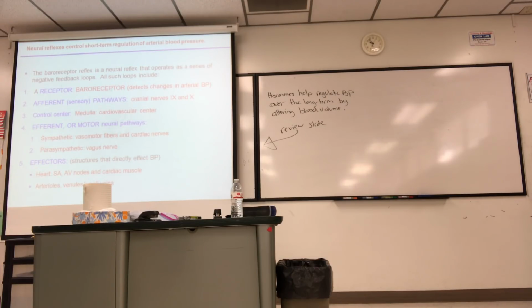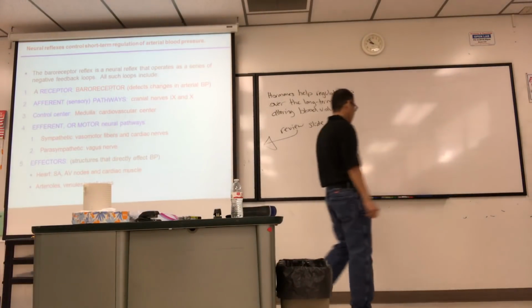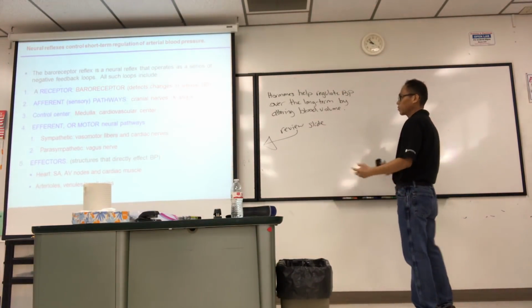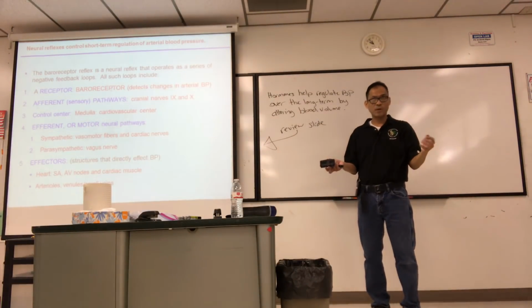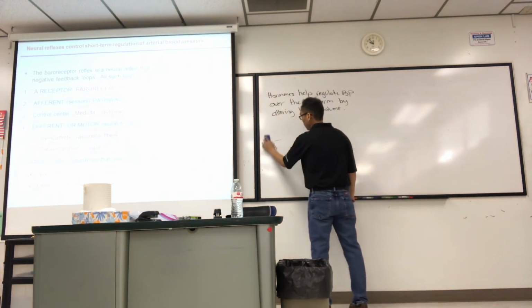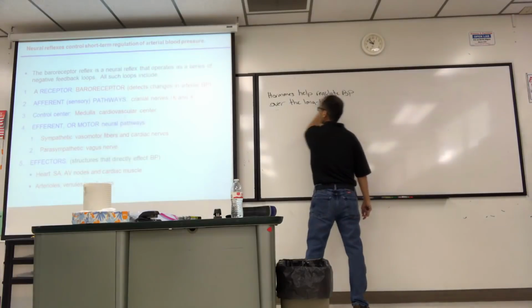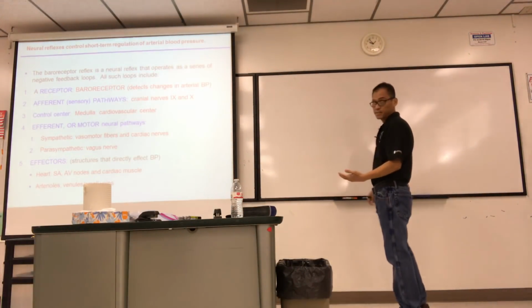And so what I did was I took that same outline for any generic reflex, and I just put in red all the things that are in this reflex that we're talking about, the baroreceptor reflex. And a reflex is a good one. It works in both directions. If the blood pressure is too high, it can lower it. The other thing is, if the blood pressure is too low, you want to raise it. So we'll try to do both of those things in lab, and have you see how the reflex kicks in to correct it.